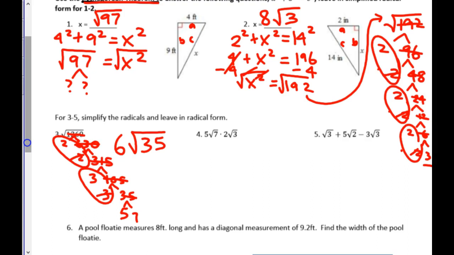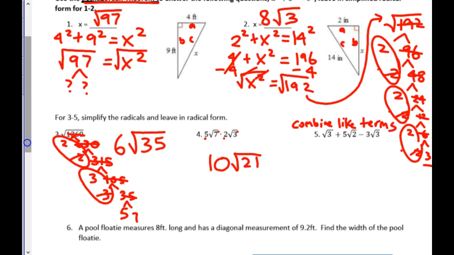So, on number 4, outside times outside is outside, 10. 5 times 2 is 10. Square root, inside times inside, 10 times 3 is 21. Cool. On number 5, you can only combine like terms.